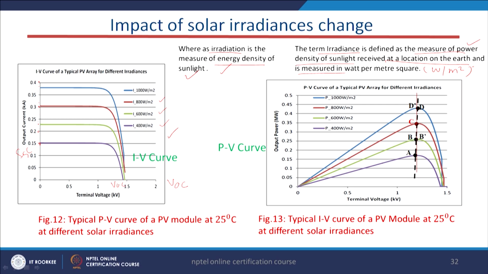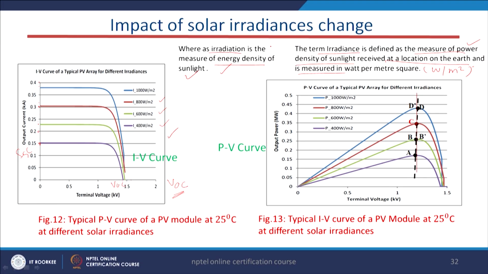Now, why is it so? What is the reason behind it? Why does this short circuit current increase over a wider range, while this open circuit voltage remains almost constant? This VOC also increases, but on a logarithmic scale the change is less in comparison to the short circuit current.